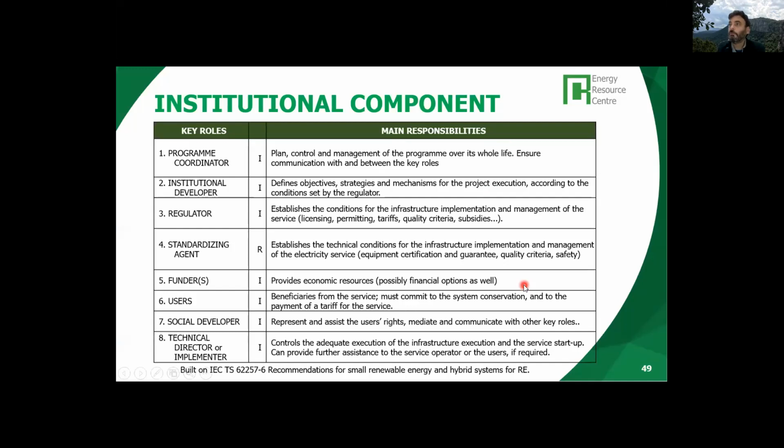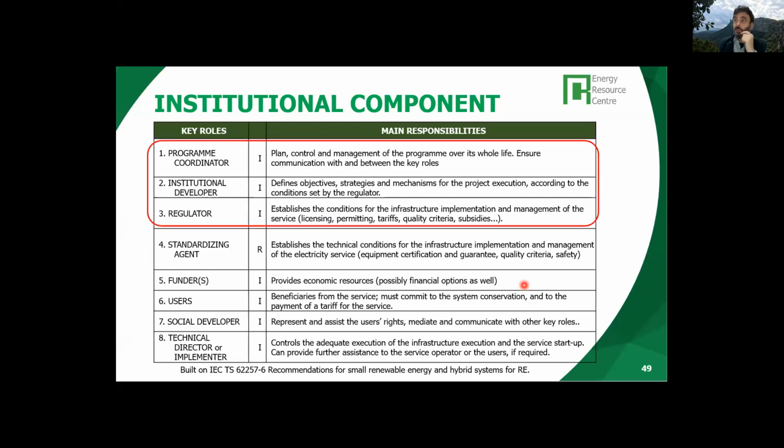So before we move on to the pre-sizing and the modeling, I wanted to spend some minutes mentioning the institutional component. Once we have an idea of the concept of the project and the configuration we would like to assess, we need to know what kind of organizations and actors we will need for that project, and to check whether we have those actors in place.